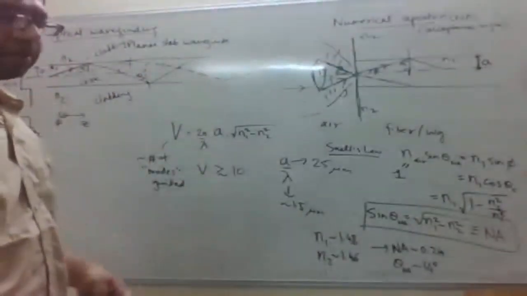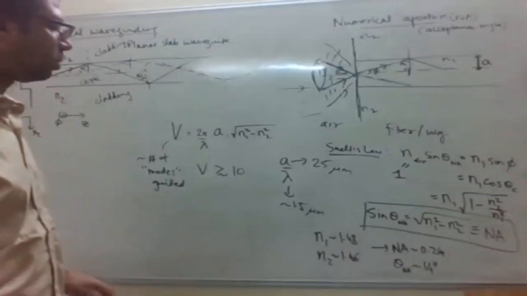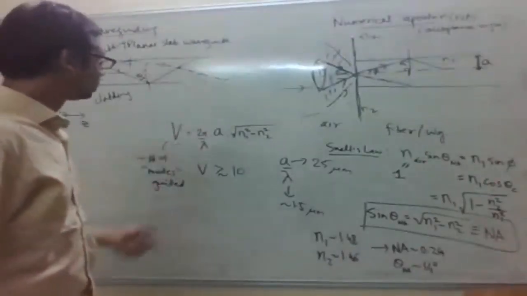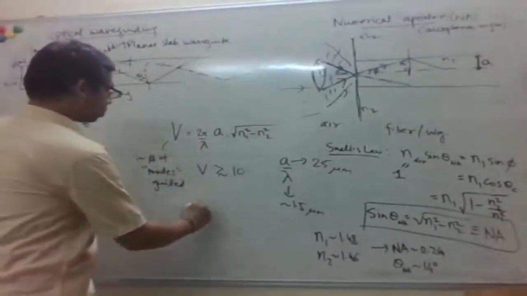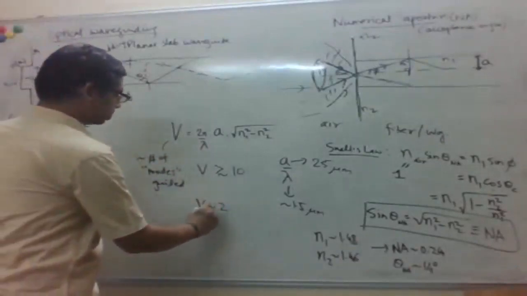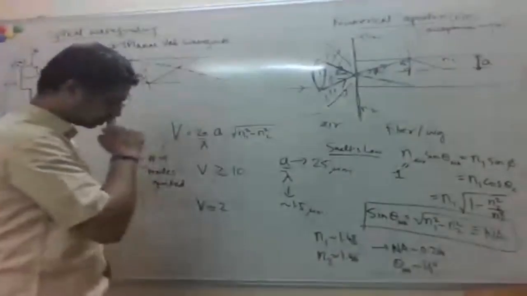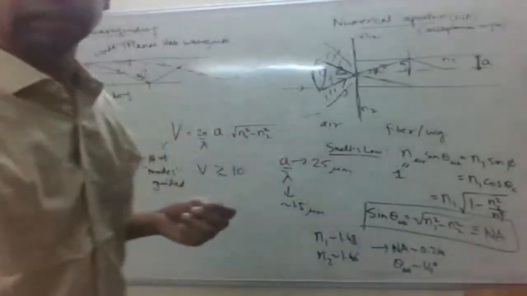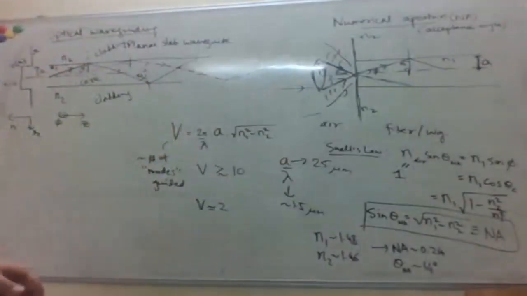But as I said, nowadays, if you look at the optical fiber network laid down for telecommunications, we mostly use single mode fibers, where this V number is actually close to 2. In that case, this analysis is not valid at all. We just have to go to the wave picture.